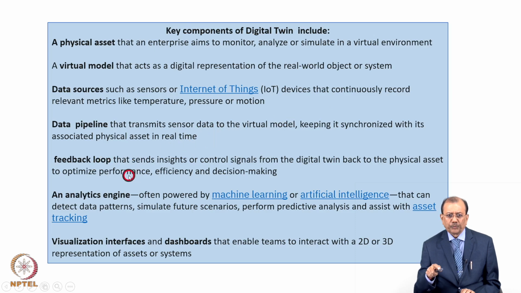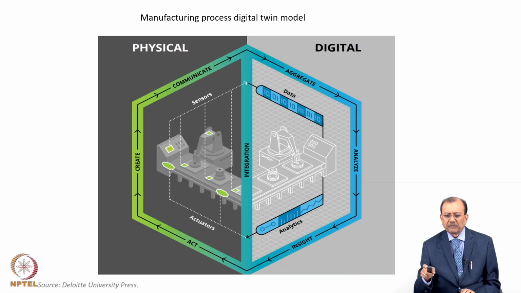And then the feedback loop. We have to understand very precisely the significance of this feedback loop. If you go back to the previous picture, there is a feedback loop over here. Whatever data is being sent over here is processed by the computer system, but once it is processed, action has to be performed on the physical object.